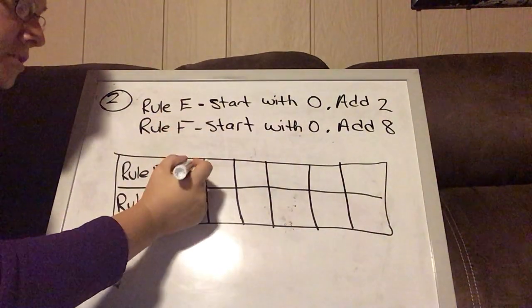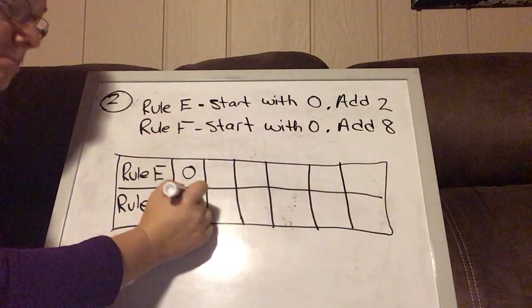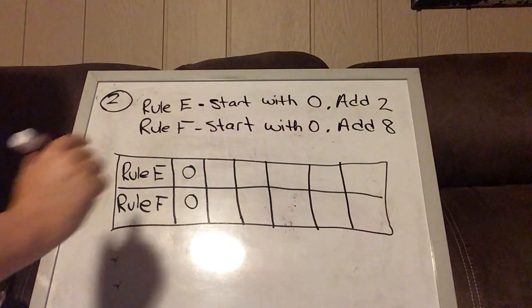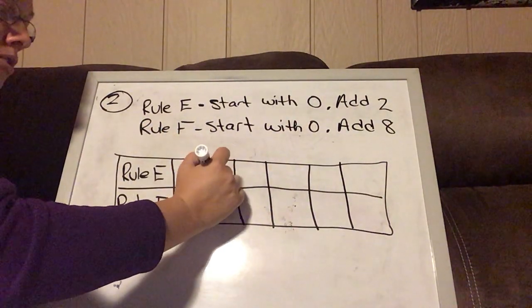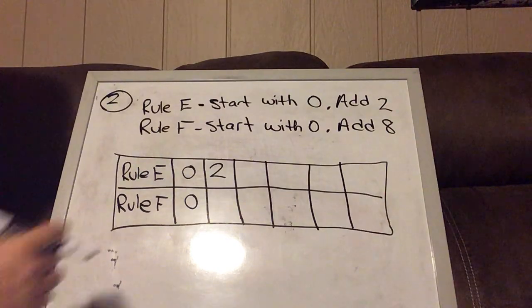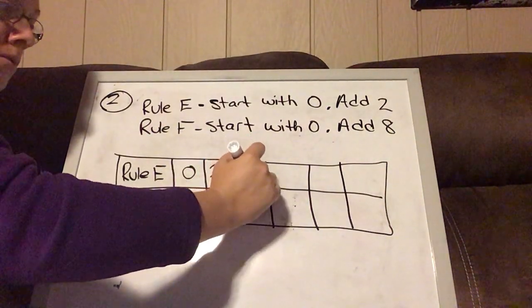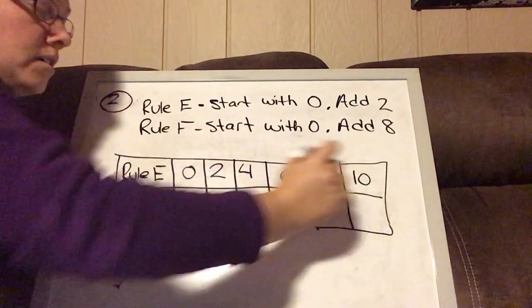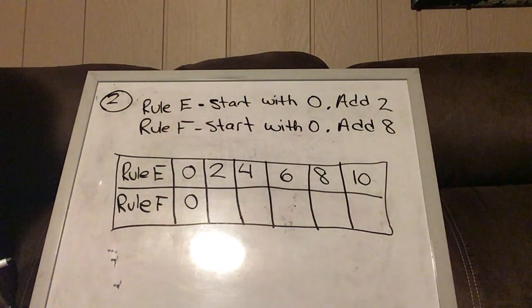Alright, both of them start with 0, so I'm going to fill in my 0. Rule E says to add 2, so when I add 2 to 0, I get 2. Another 2. So I can skip count by 2's for that one.